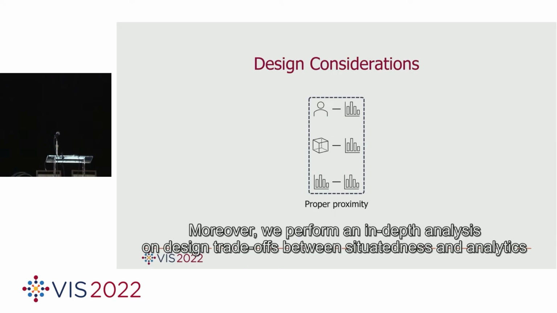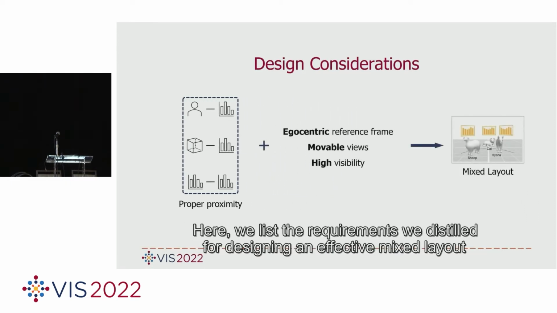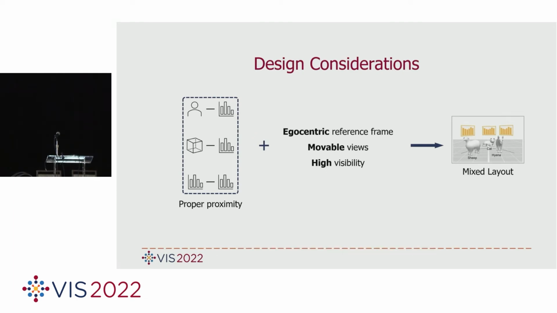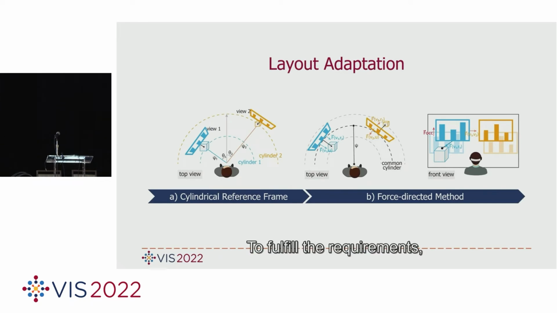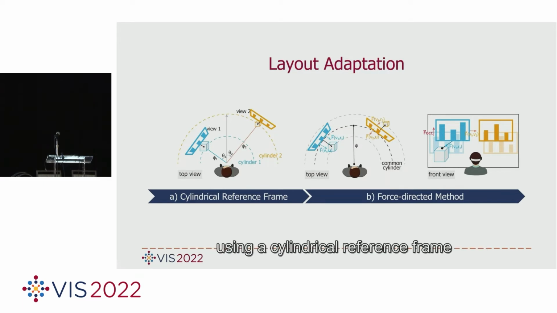Moreover, we perform an in-depth analysis on design trade-offs between situatedness and analytics. Here, we list the requirements we distilled for designing an effective mixed layout. To fulfill the requirements, we propose a force-directed approach to automatically position multiple view representations using a cylindrical reference frame.